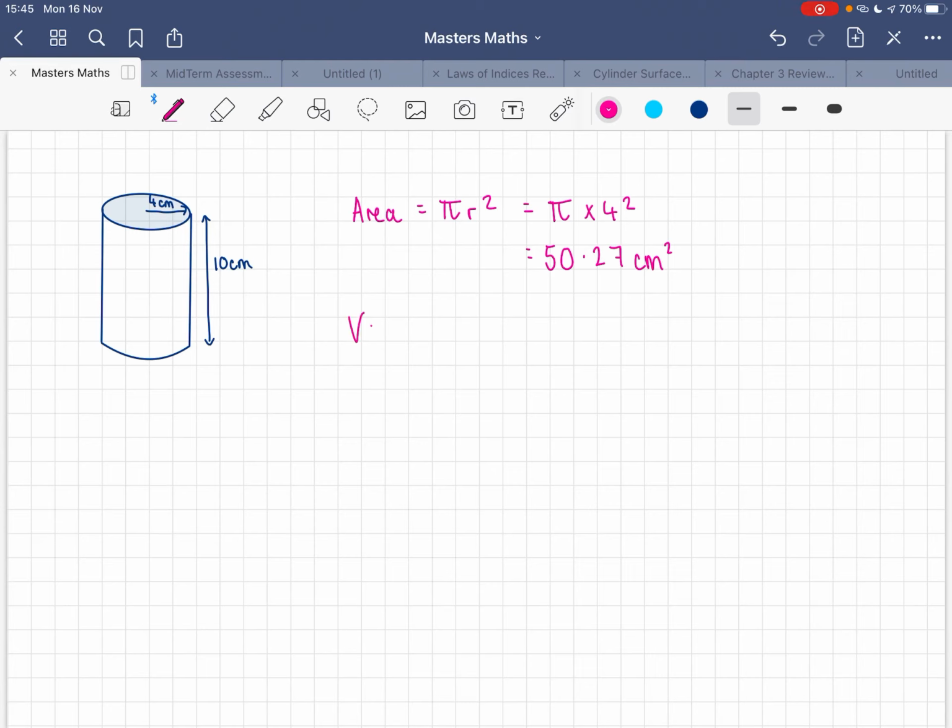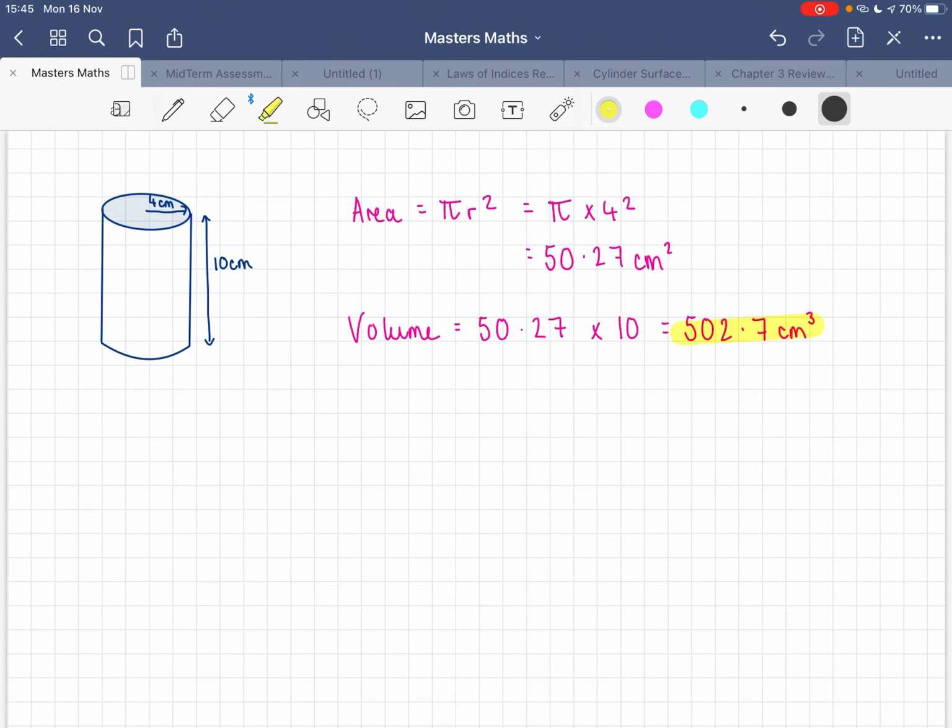And again, that's centimetres squared because that is just the area. For the volume, we are going to multiply that area by the height of the cylinder, which is 10. So that gives us 502.7 centimetres cubed as your answer.